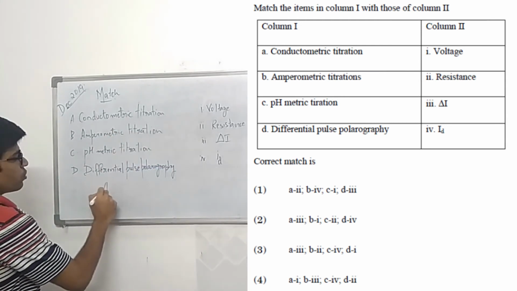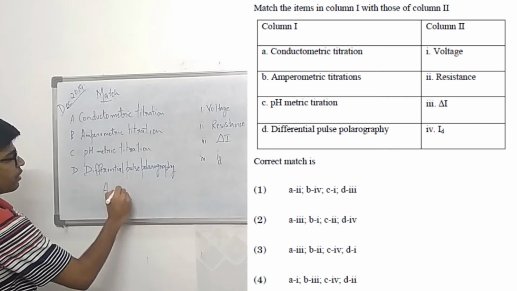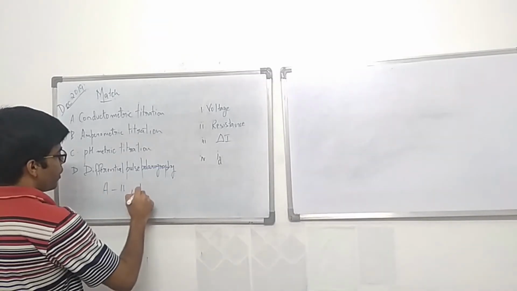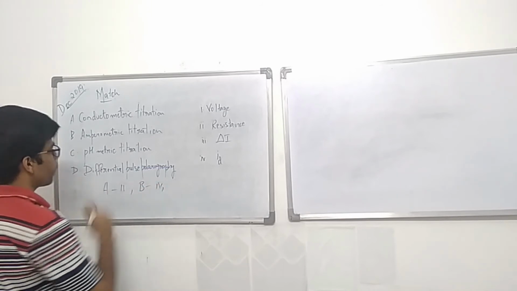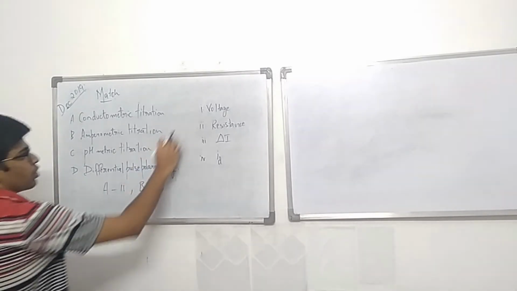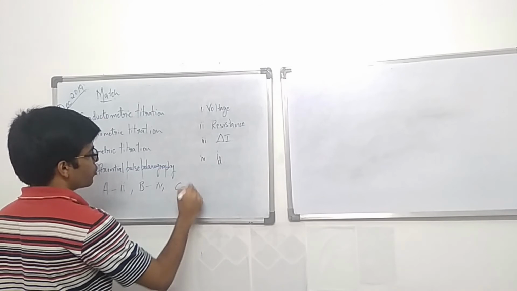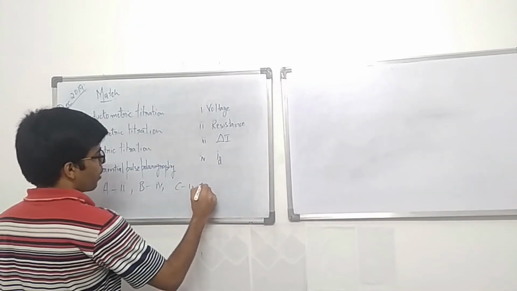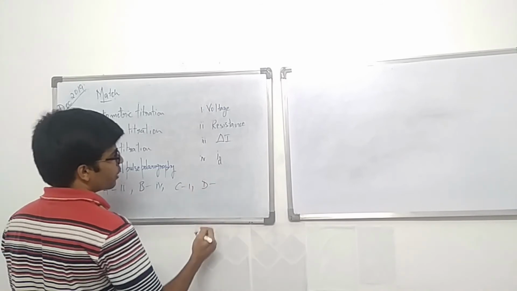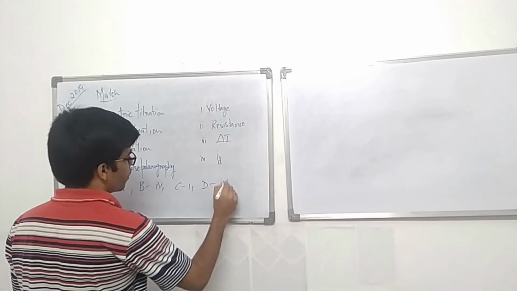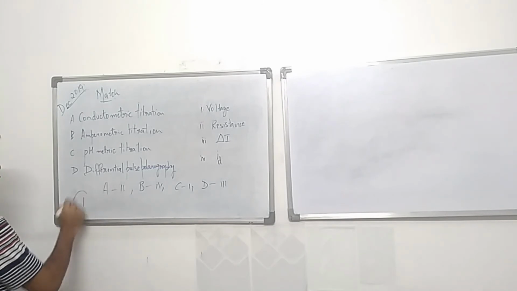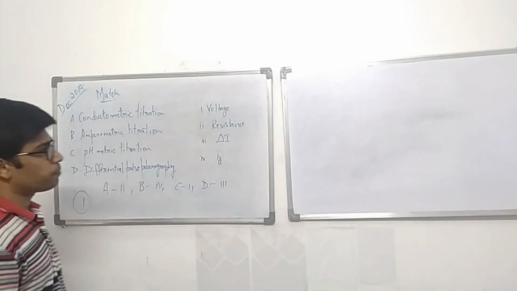We know using conductometry we get resistance, and from amperometry we get current. From pH metric titration we measure voltage, and we just now saw that from polarography we measure the change in current, which is option number 3, and this was given in option number 1, which was the correct answer.